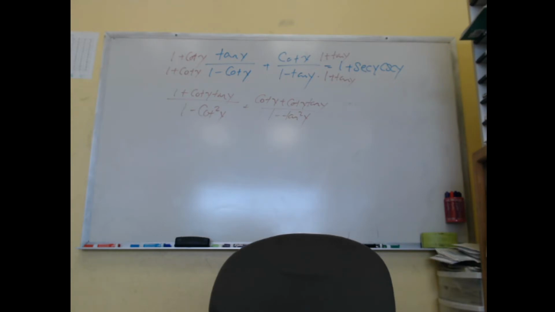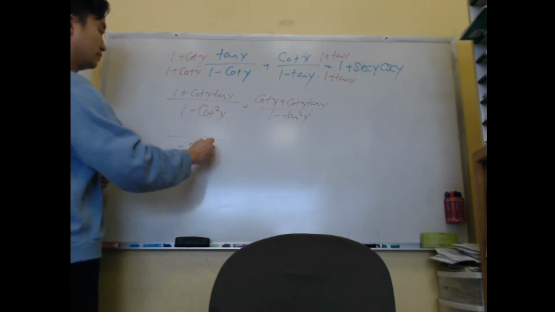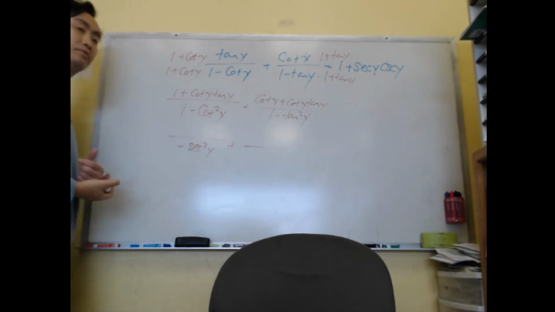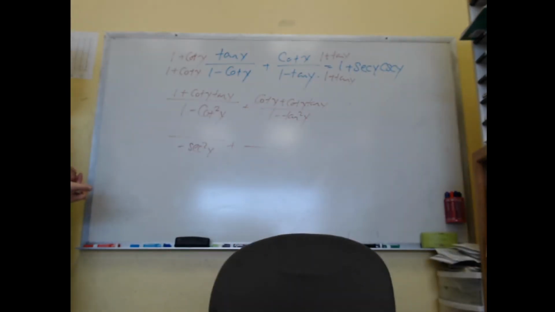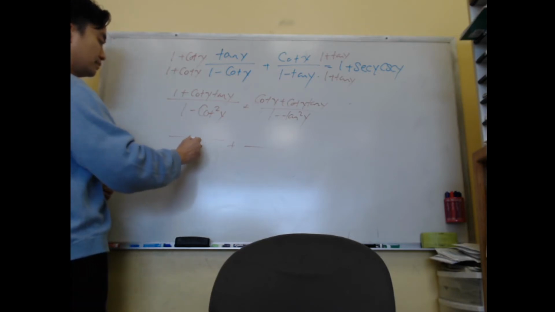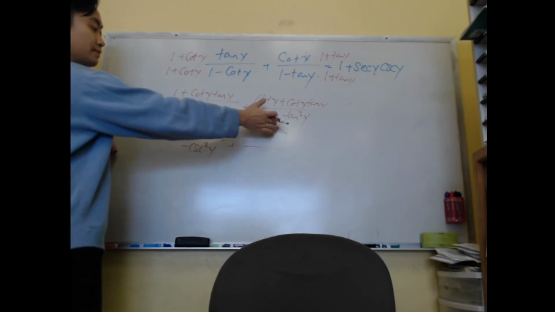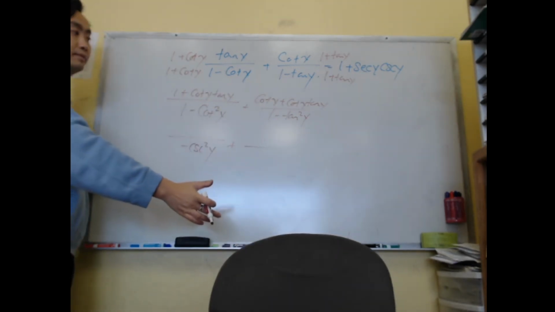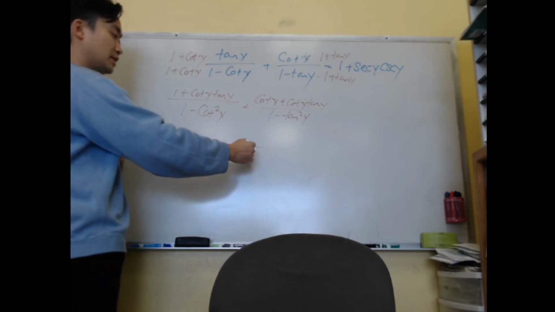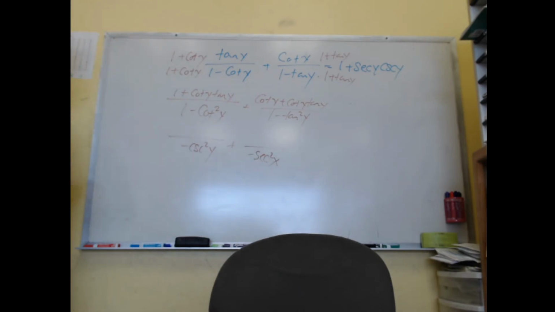Would that be negative cosecant squared of y? And then 1 minus tangent squared of y, which is negative secant squared. Negative secant, right? Okay.